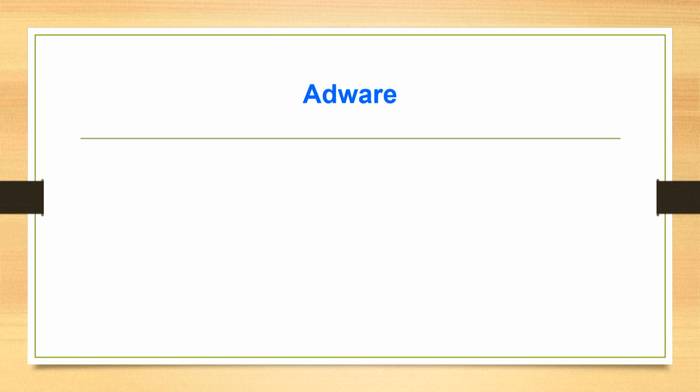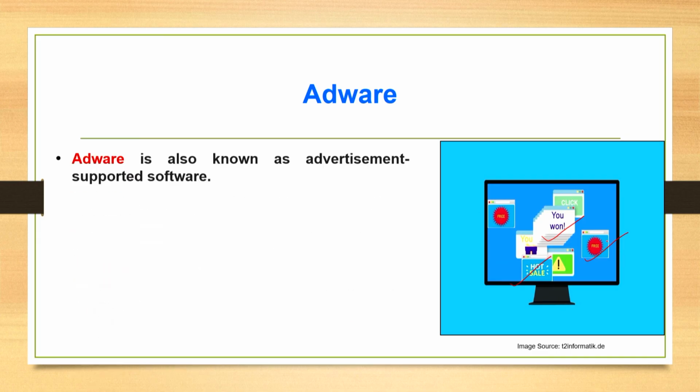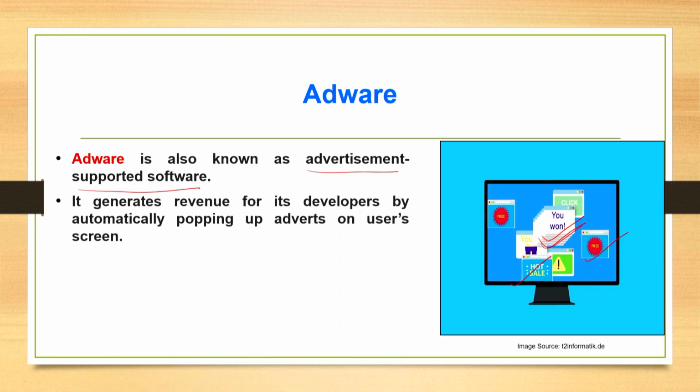Another type of malware is adware. You might have seen an ad like, if you click over here you can win, hot sales, or there are free items available on this website. These are adware. This is also known as advertisement-supported software.